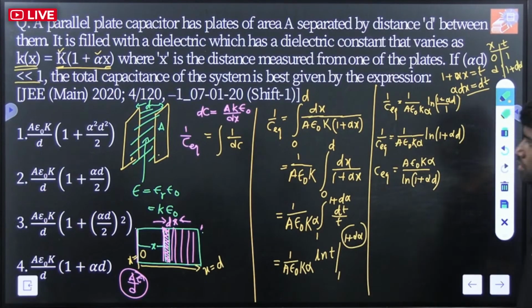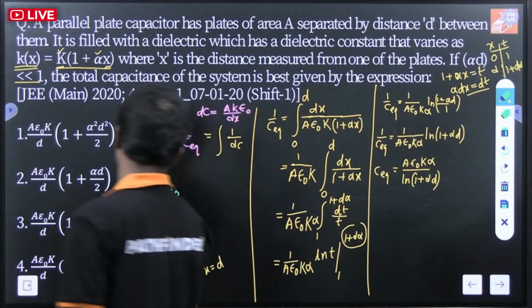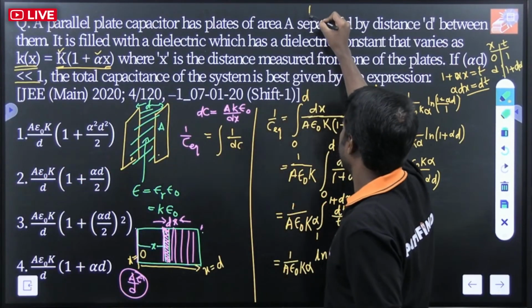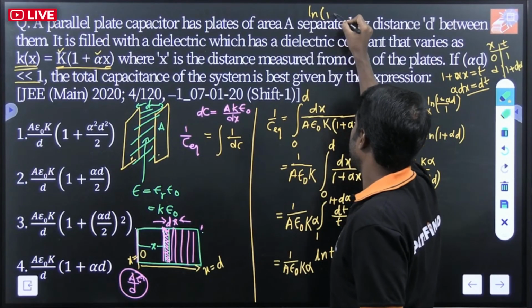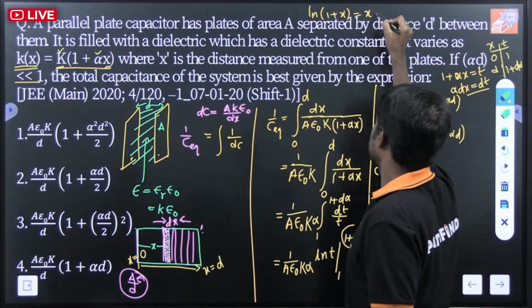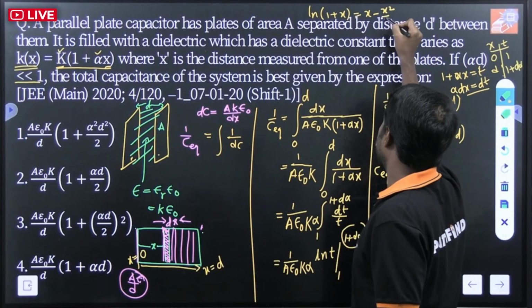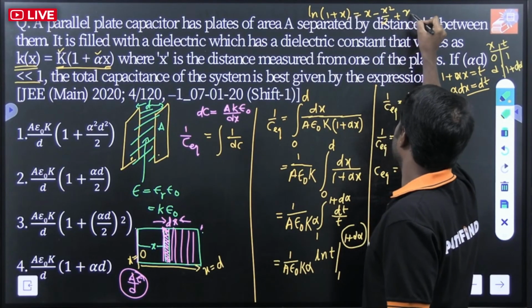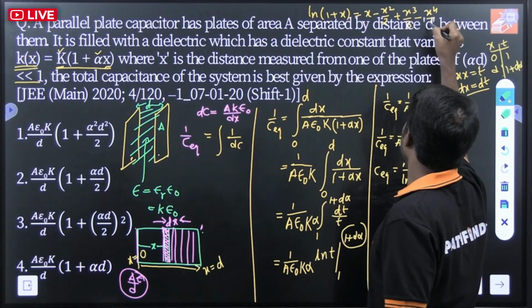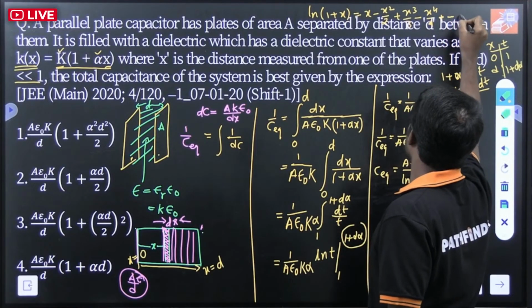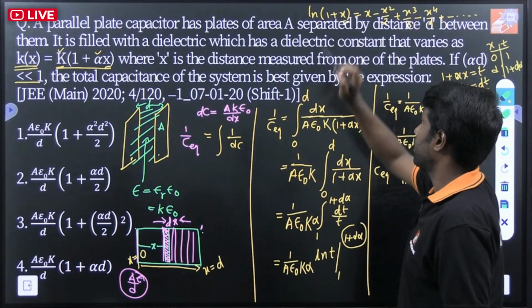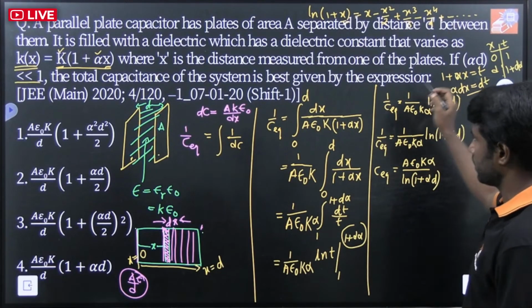Now we know the logarithm expansion: ln of 1 plus x equal to x minus x square by 2 plus x cube by 3 minus x power 4 by 4 and so on. It continues when x is much less than 1, as given in the question.